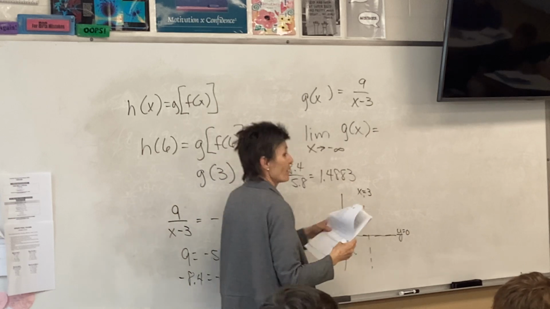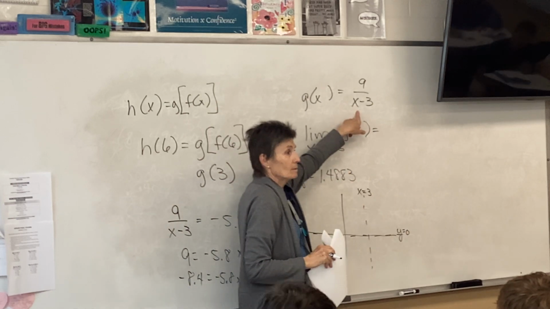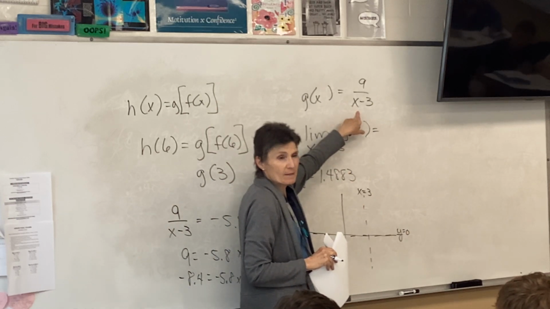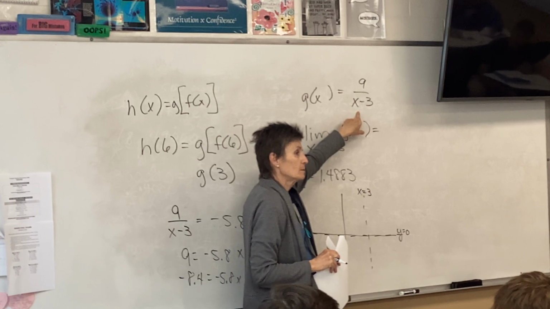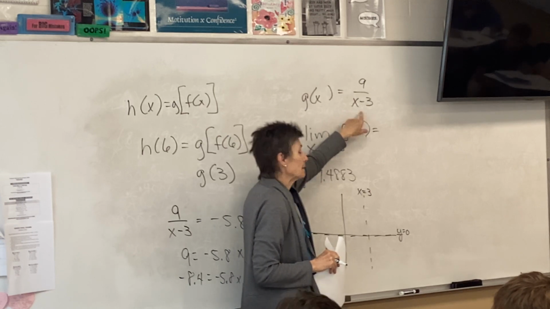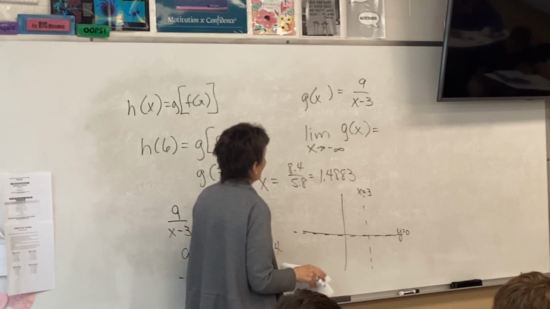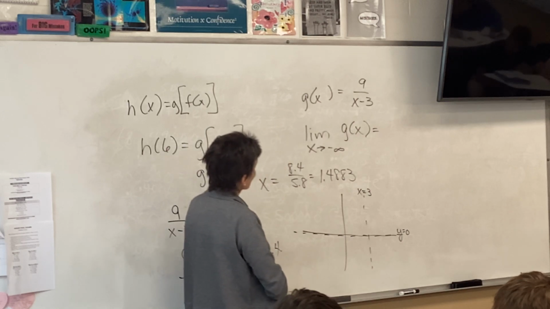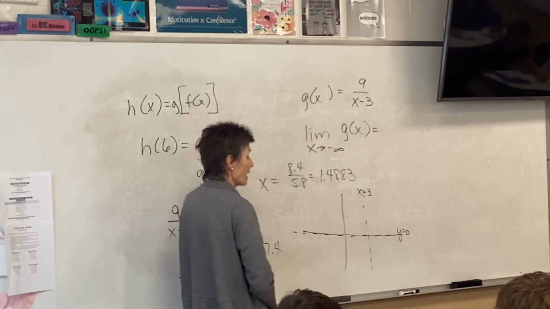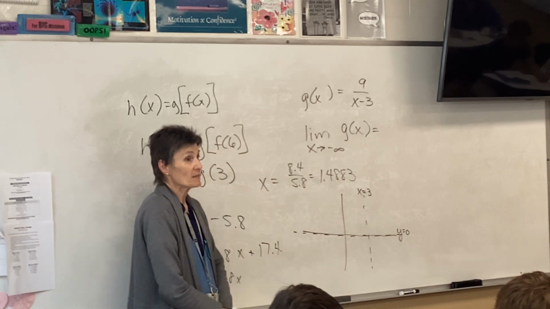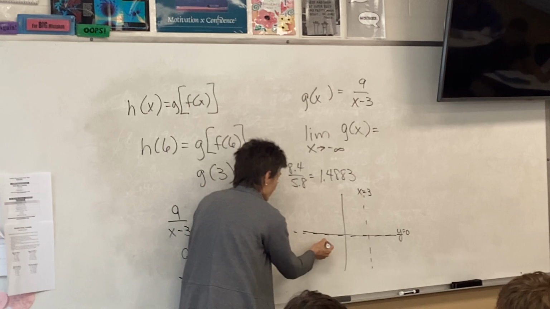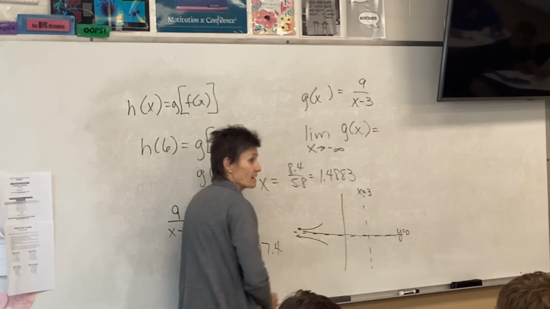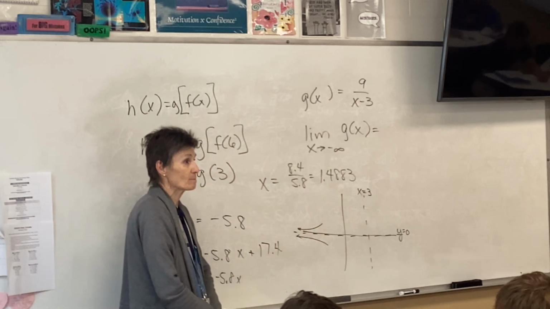How do I know that? As x gets bigger, doesn't that fraction get smaller? Okay. I want to know what happens on this side. Well, one thing's for sure, I'm going to come up like this, or I'm going to come down like this, because that's what I do when I have a horizontal asymptote.